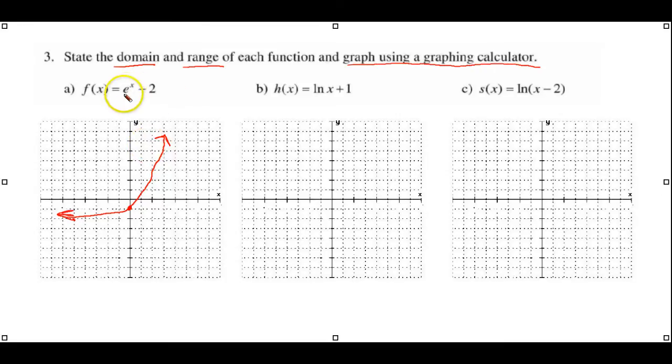So here we're looking for the natural log, well, not the log, but it's base e. And we're shifting our horizontal asymptote down to a negative 2 right there.